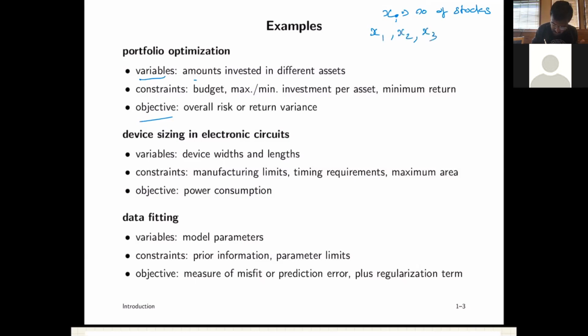For example, 10 of the first stock, 20 of the second stock, and 100 of the third stock. Then you have a function. Let's say you have some idea about the risk, f of x1, x2, x3. This is the risk function, and you want to minimize it. In this case, your objective function will be this one. It could be anything.